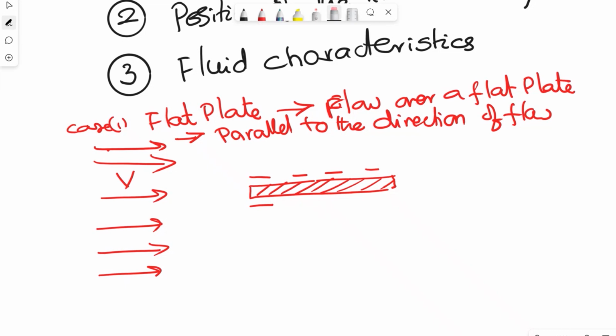So now flow is taking place, the body is here, and now it is moving. So naturally, when it is applying, this is the force. This is shear. This is how it will be.